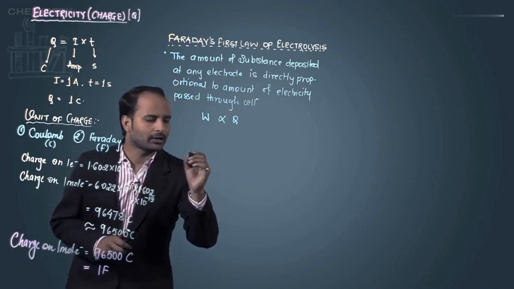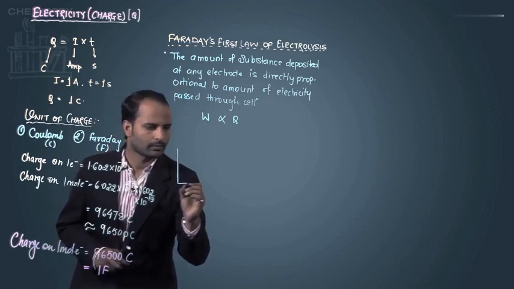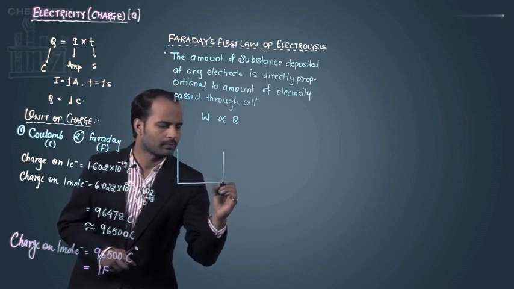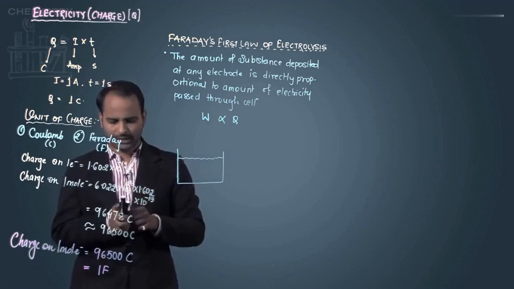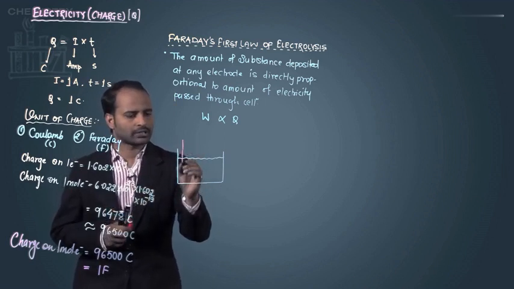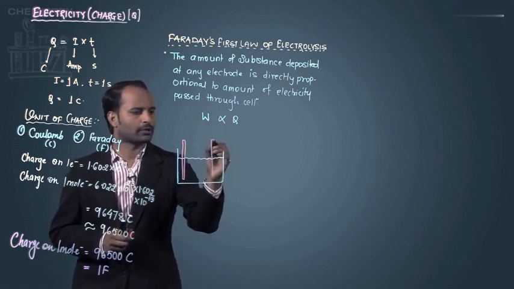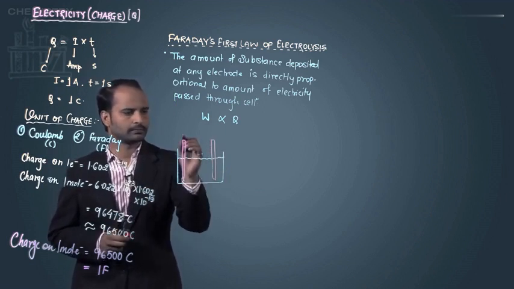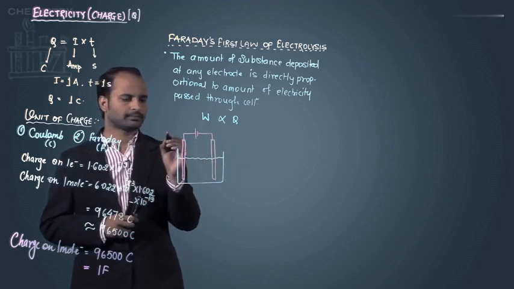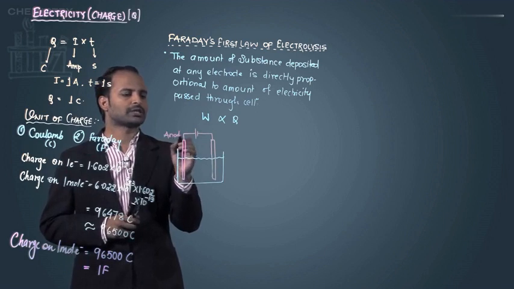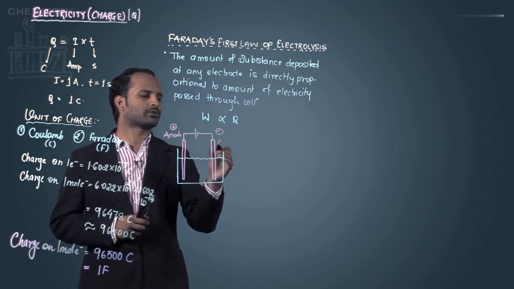So suppose I am carrying out the electrolysis of NaCl. I have taken molten NaCl here, and two electrodes are there, one will be a cathode and one will be an anode. In an electrolytic cell, the positive electrode is generally the anode and the negative electrode is generally the cathode.